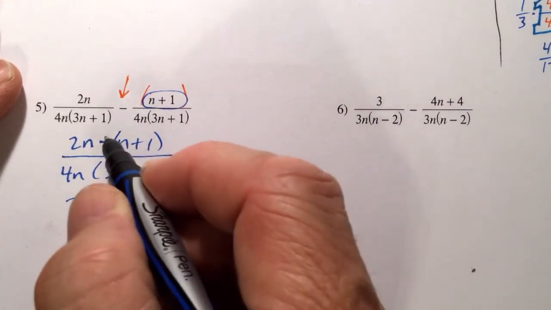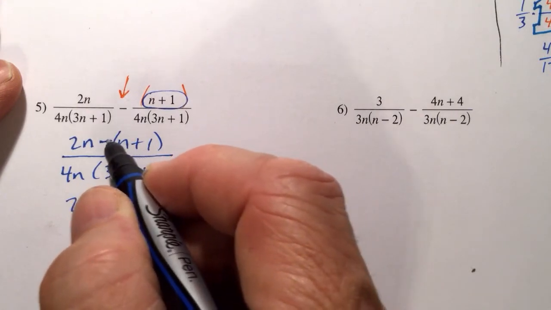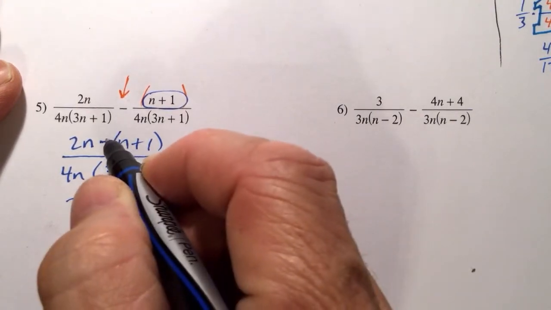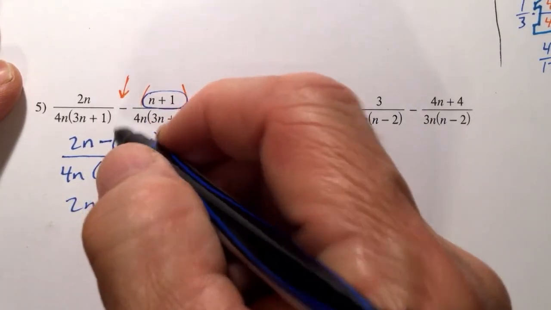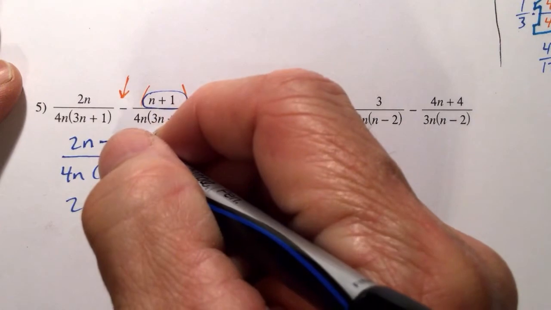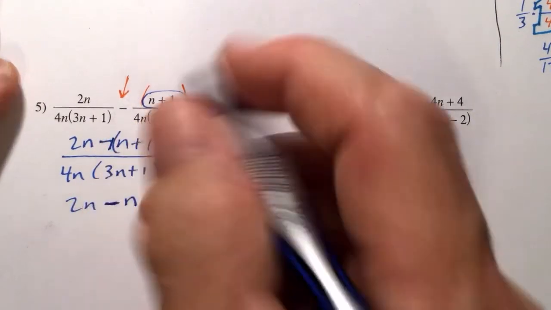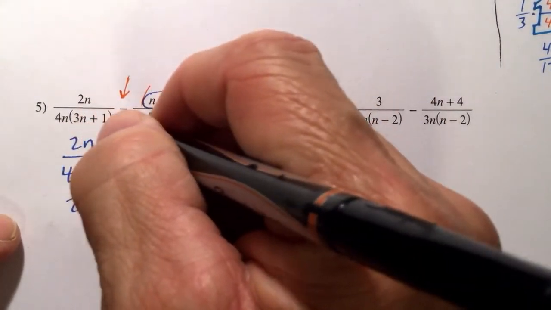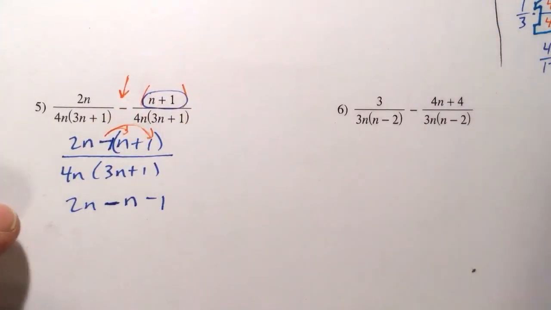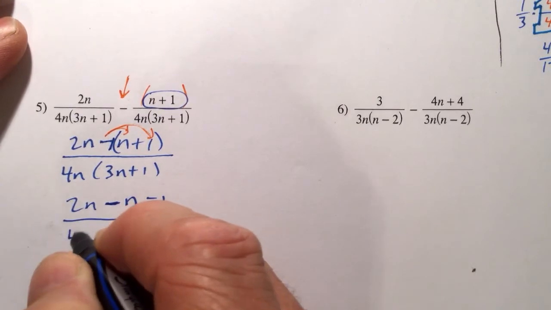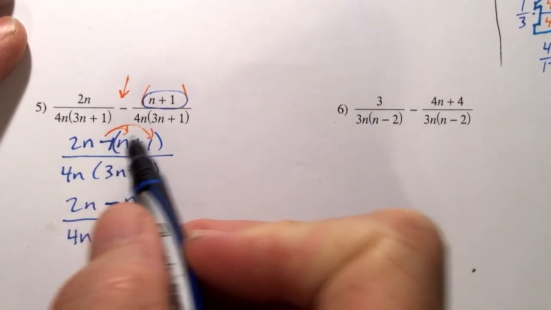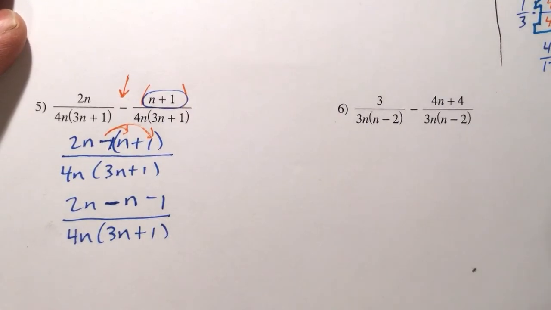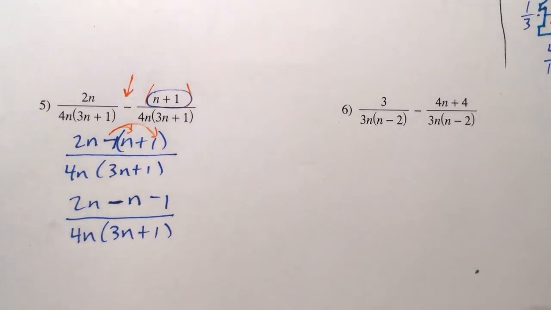Subtracting n plus 1 means distributing the minus sign to the n, minus n, and then minus 1 as well. So think of this as a negative 1 multiplied by what's inside. So you have to take the negative 1 and multiply it by both of those terms inside. I just see so many mistakes made right there. And so hopefully you're not going to make that mistake.